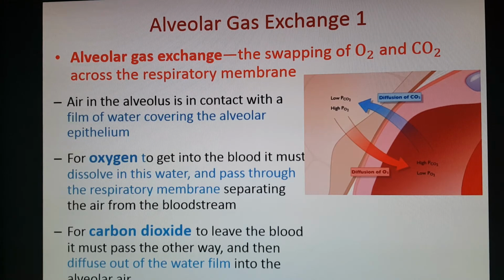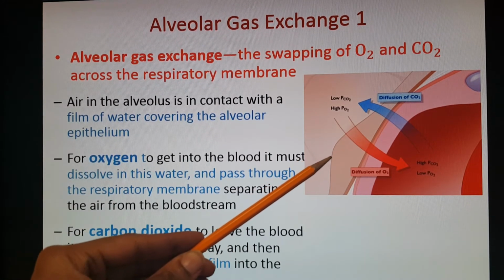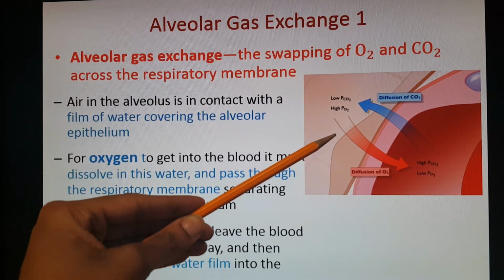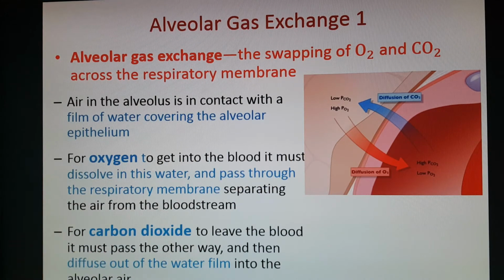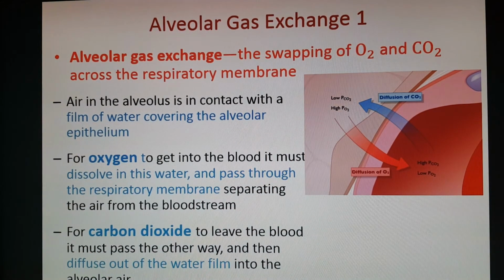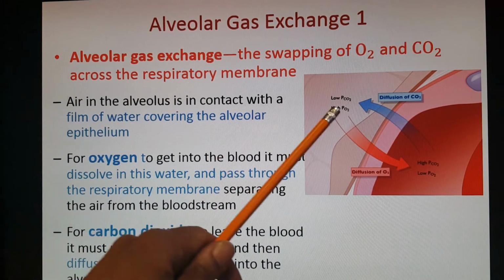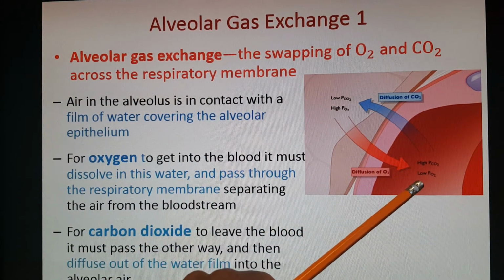For oxygen to get from the drier alveoli environment to inside the blood, which is completely liquid, it first must be dissolved in water. So the surface of your alveoli is covered in a thin film of water, so that oxygen is dissolved into the water, which allows it to diffuse across the respiratory membrane and into the blood.